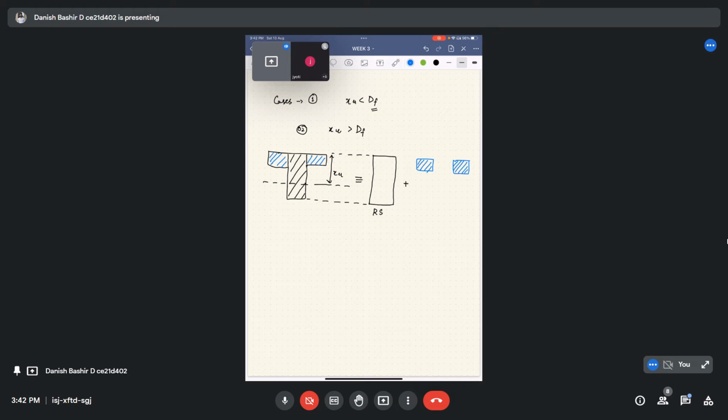This was BW, and this was whole flange of width BF.